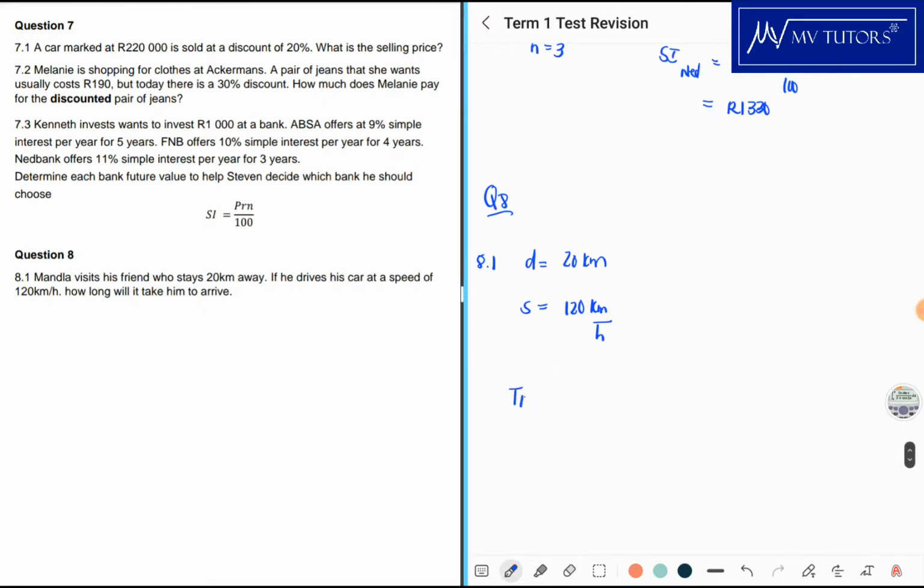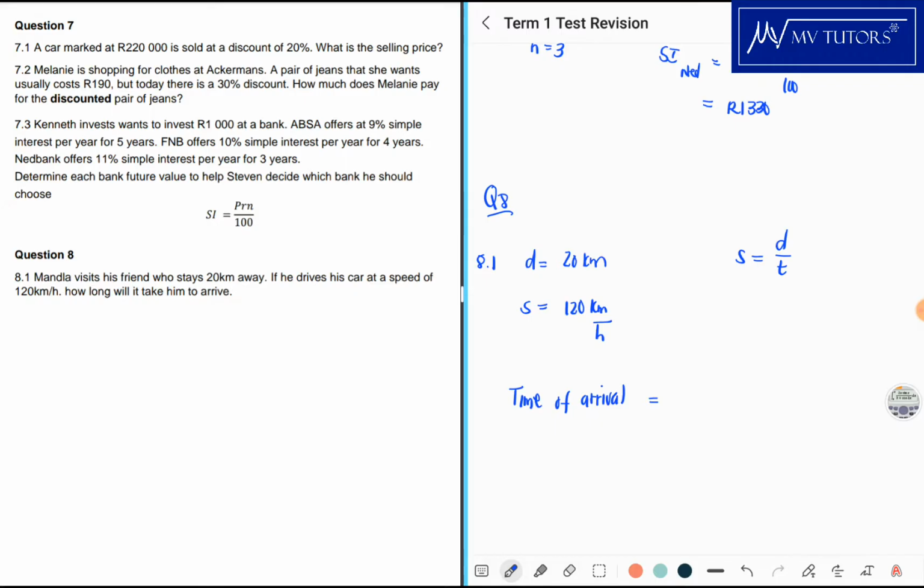So the time that it would take him to arrive, let's just say time of arrival. Let's first start like this. Remember that speed is actually distance over time.